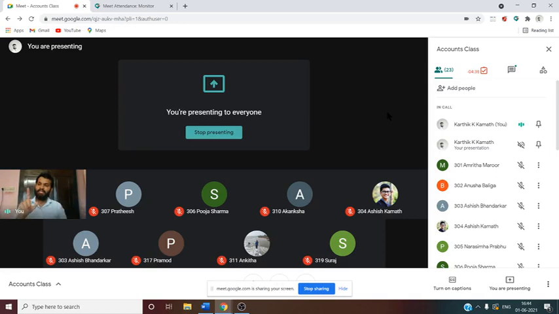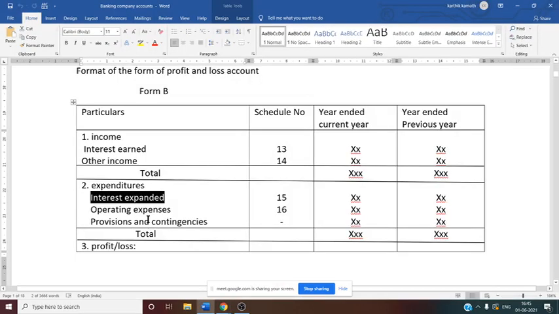That is why you have to write any interest paid by the bank towards savings bank accounts, fixed deposit accounts, and RD accounts, recurring deposit accounts. All these you have to enter here. That is nothing but interest expended by the bank. Next comes operating expenses.